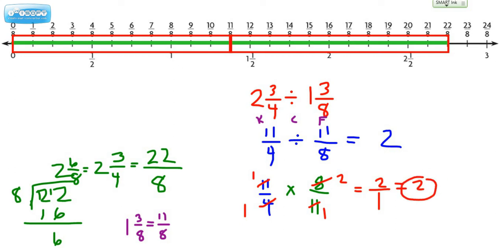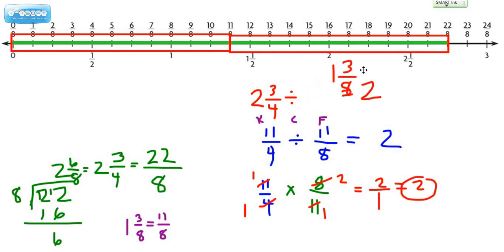But we already knew that because the model shows that we have two groups of 11 eighths. Now, by the way, there are two types of division. There's one type where we're figuring out how many groups, and there's another type where we're figuring out how much is in each group.